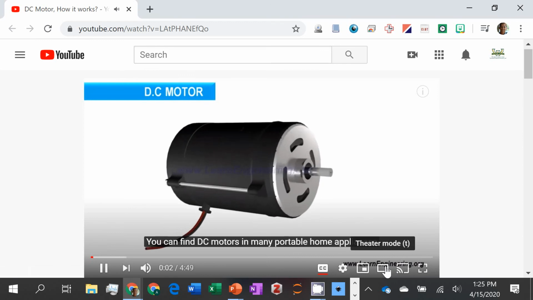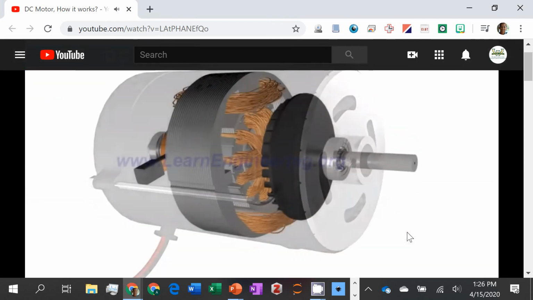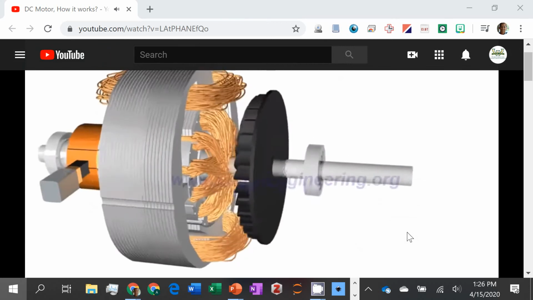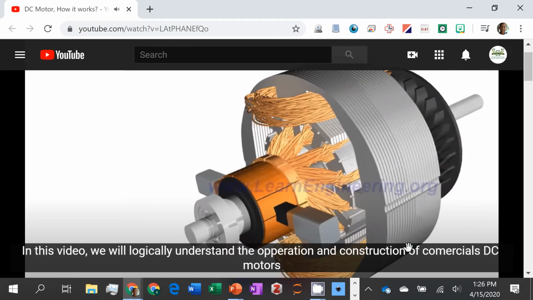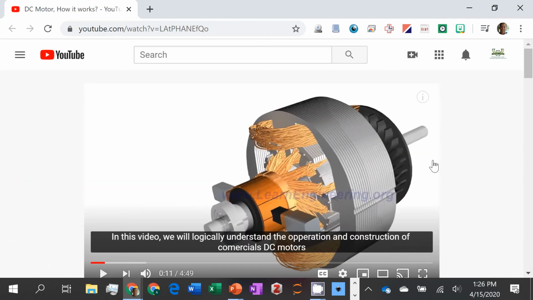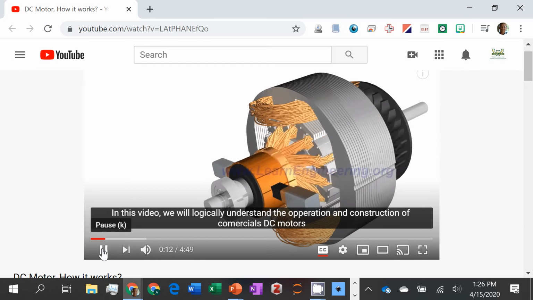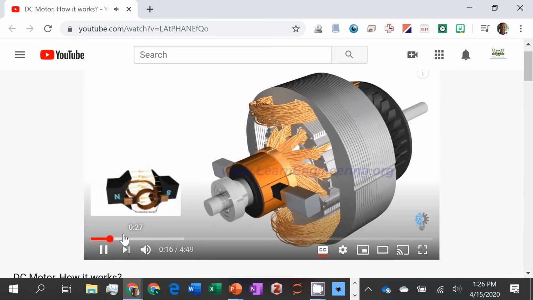All right, let's skip the ad here. All right, let me make this a little bit smaller. Sorry. All right. So it's just, don't worry about this right now.